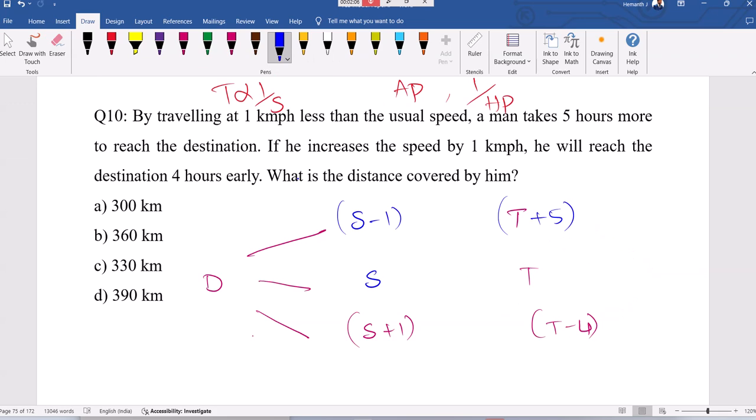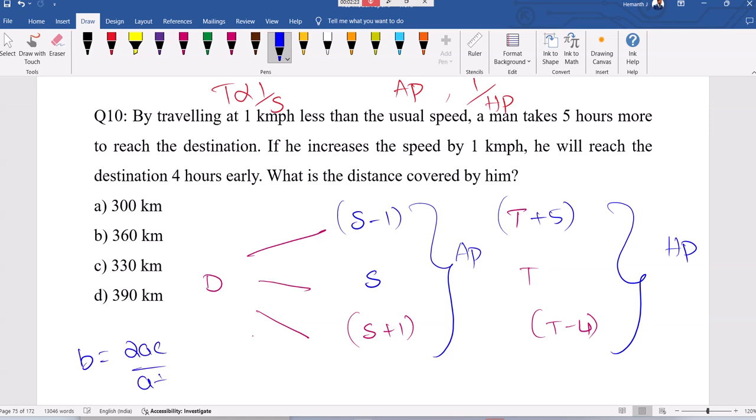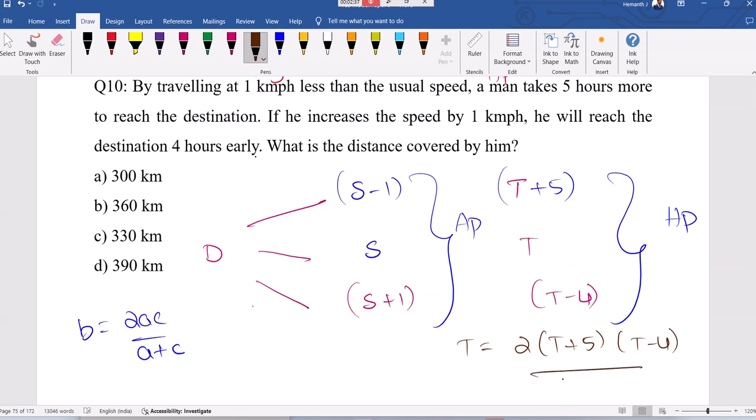When three terms A, B, C are in HP, we know B equals 2AC divided by A plus C. Here B means the middle one, t. So t equals 2 into A, which is t plus 5, times C, which is t minus 4, divided by A plus C, which is 2t plus 1.